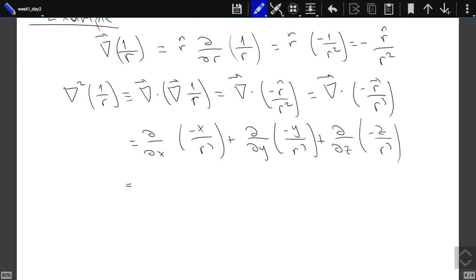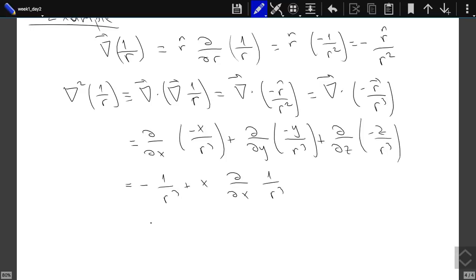Well, derivative of x times 1 over r cubed plus x times the derivative of 1 over r cubed. So this is equal to minus, derivative of x with respect to x is 1, so minus 1 over r cubed, plus x times the derivative with respect to x of 1 over r cubed.